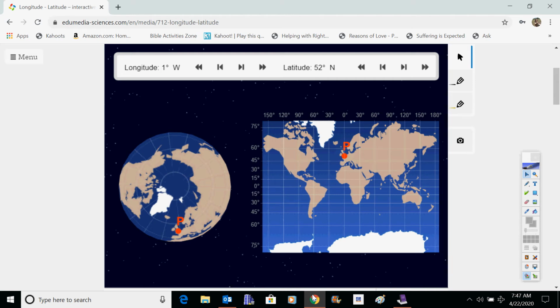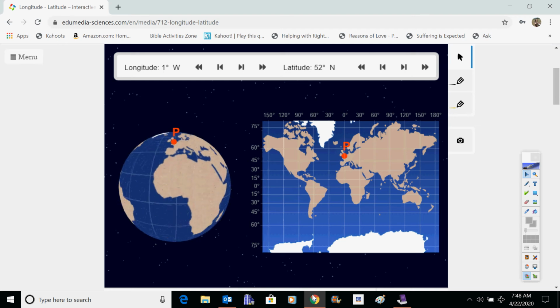Now they do have to mess with the proportions when they make a flat map like this, because as you can see on the actual globe, the circles are getting smaller and smaller and smaller, and that's just the way that it has to be. So we have our smaller and smaller circles, one great circle on our latitude lines, and on the longitude lines, they're all great circles.